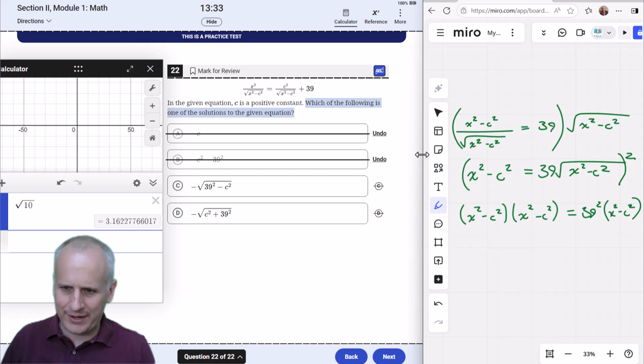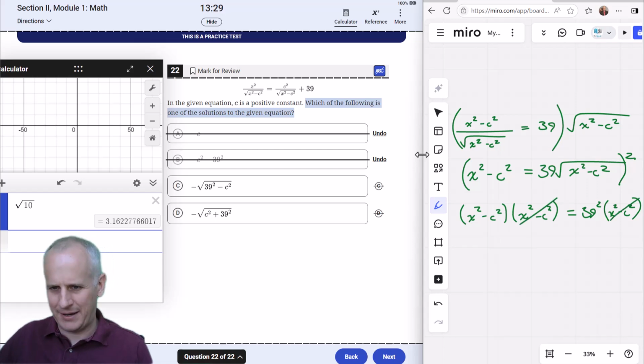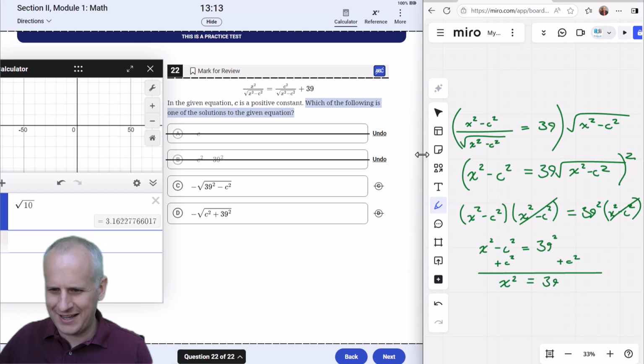At this point, we recognize we can cancel out the x squared minus c squareds. So x squared minus c squared is now equal to 39 squared. We're going to add c squared back to the other side to isolate for the x squared. So x squared is going to be equal to 39 squared plus c squared.